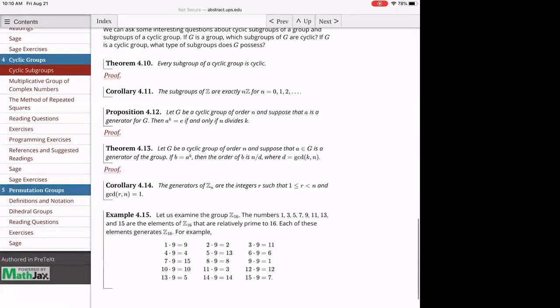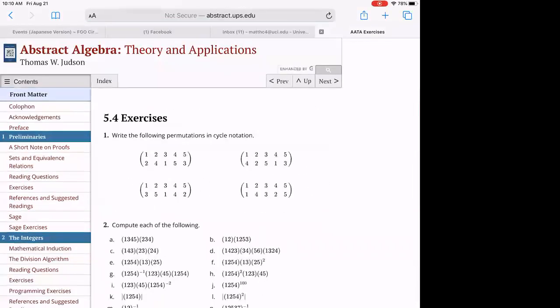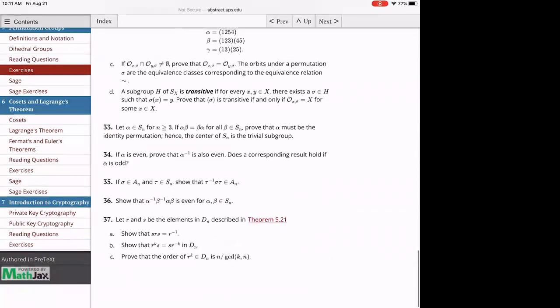Yeah, and then you're done. That is exactly the statement 37C, right? Everyone good so far?